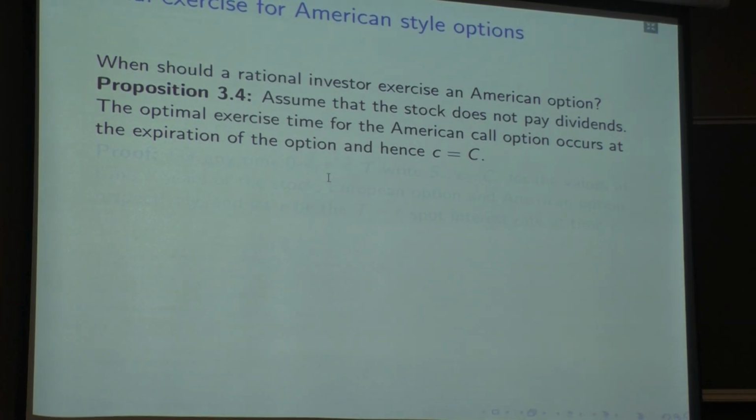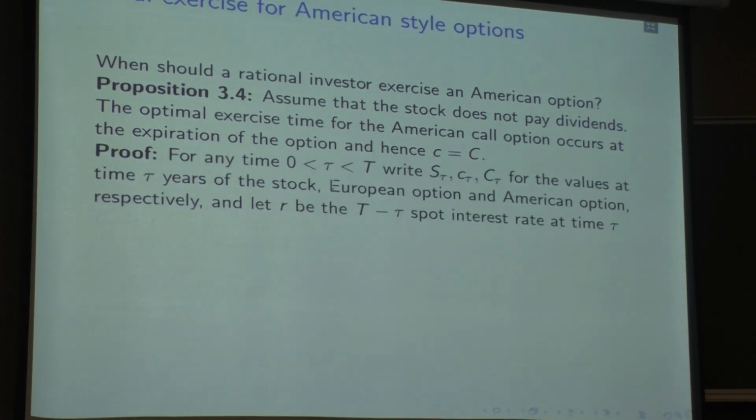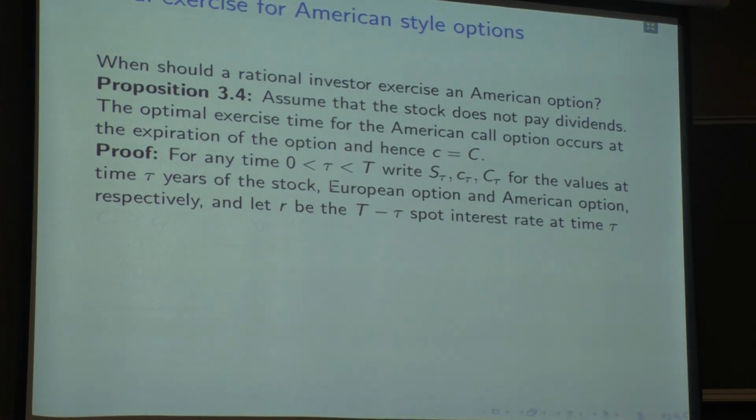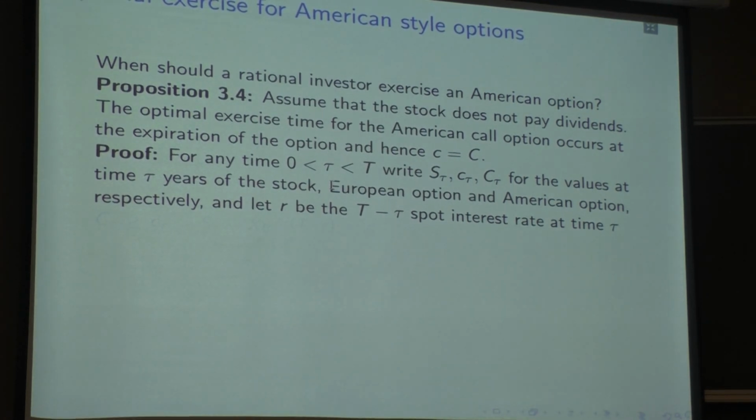So let's have a look at any time between now and expiration. Now is time 0, expiration is time capital T. Let's have a look at the time in between, a time which I'm going to call tau. And we can imagine what happens at time tau, and we're going to give a name to the underlying asset price at time tau.